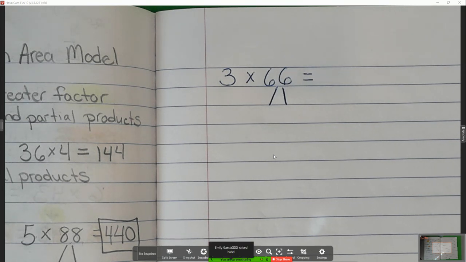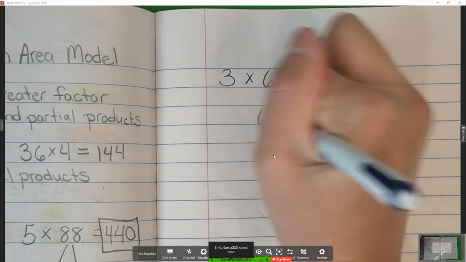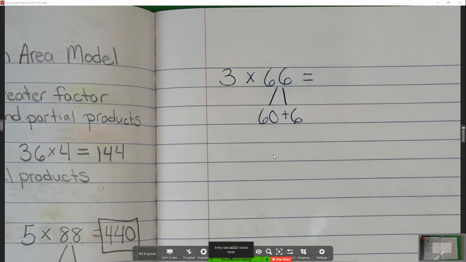How would I expand 66? 60 plus 6. Good job. Thank you, Devin. So I have 60 plus 6. So I finished step 1.